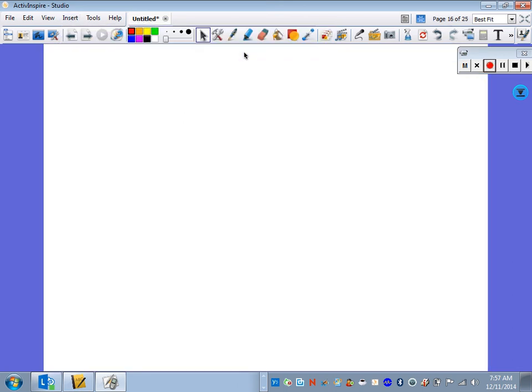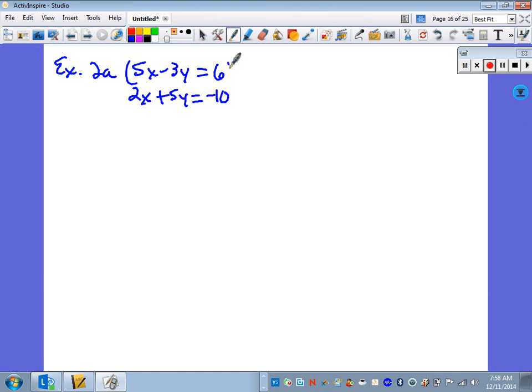All right. Okay. So now on these two, 2A, hold on just a second. Okay. Example 2A. So I have 5x minus 3y equals 6. And I have 2x plus 5y equals negative 10. I'm going to multiply the first one because remember I said about one being positive, one being negative already.